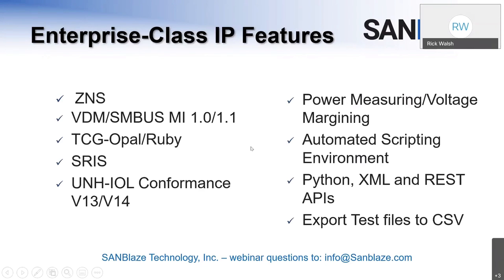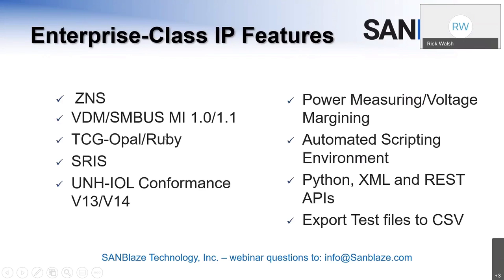A couple of highlights on the feature set for the software IP that we've worked really, really hard on, listening to our customers and understanding the test requirements for our customer base. These things all stood out as areas of expertise that we wanted to bring to the marketplace. Number one being ZNS.